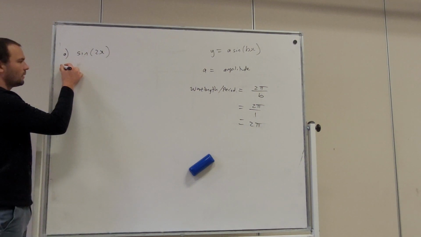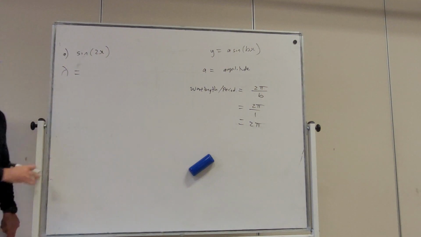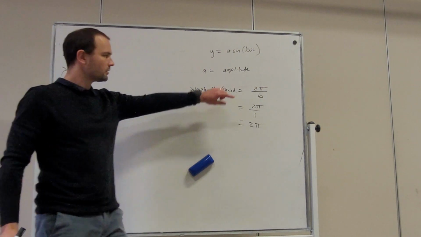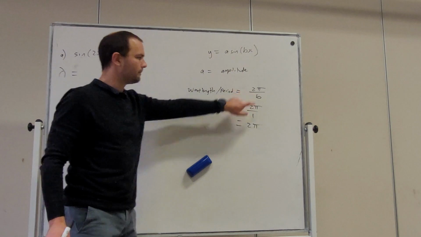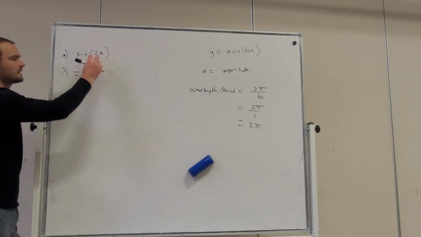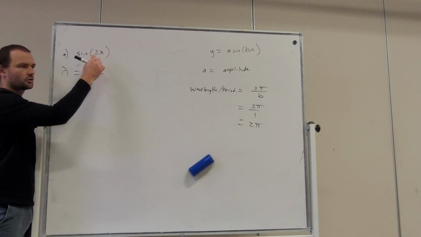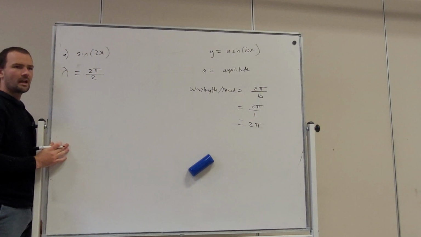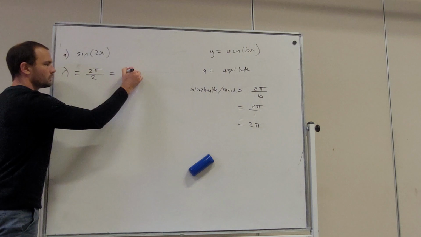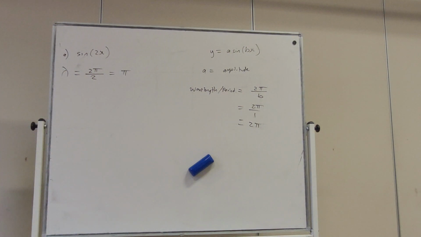So to calculate the wavelength, we can use the simple lambda if you like. The wavelength is 2 pi divided by b. So in this circumstance, it's going to be 2 pi divided by 2. All right, and this will simplify to pi. So for part A, the wavelength is pi.